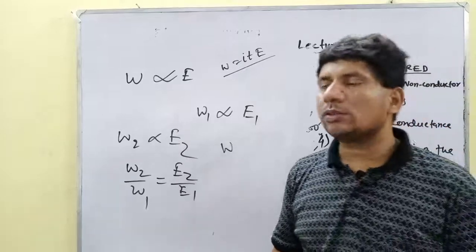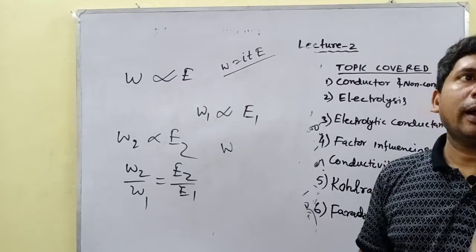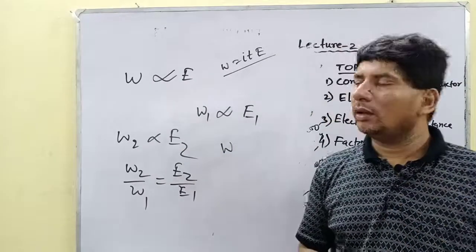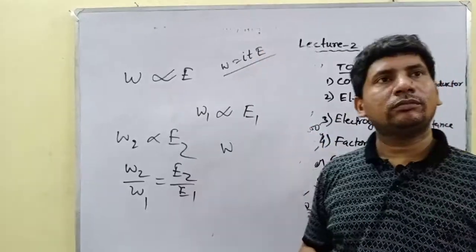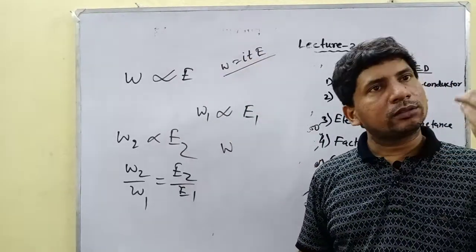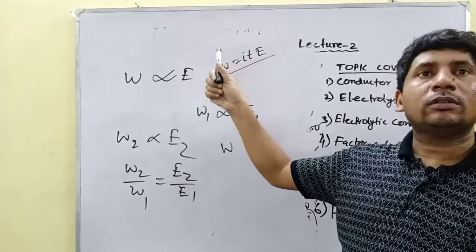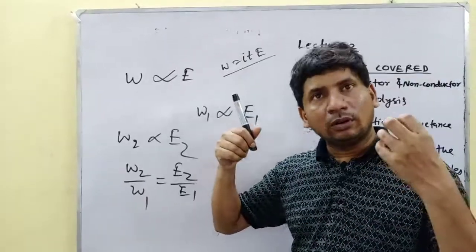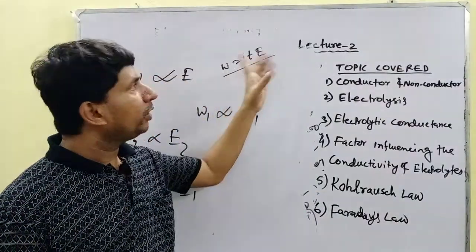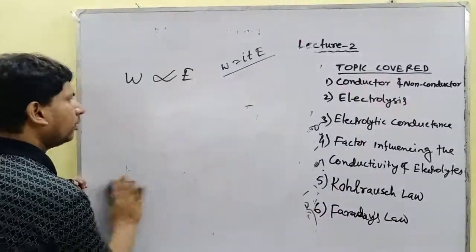Because when IT equal to F, then what happens? IT equal to F, then W equal to E. That is, if the amount of charge equals 96500 coulomb, then W equal to E. This is a very important part.